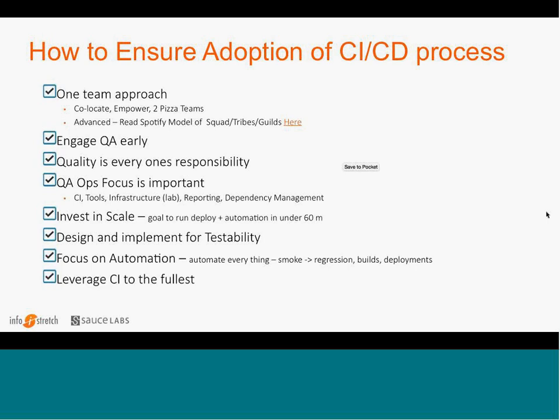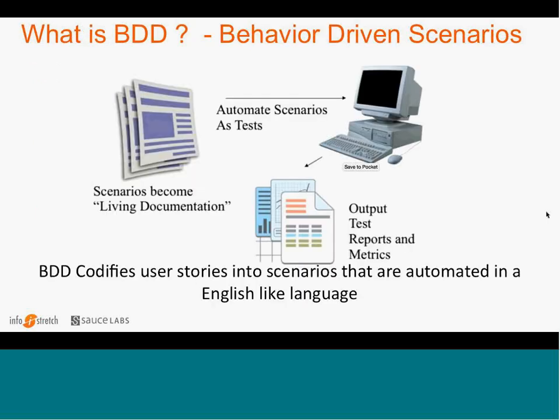And to the fullest, what can help us to do this? The concept of BDD, which is behavior-driven development, which is augmented from test-driven development and acceptance test-driven development, is important to achieve CI. What BDD helps us do is capture a significant portion of functional documentation in the form of user stories, augmented with executable scenarios or examples.